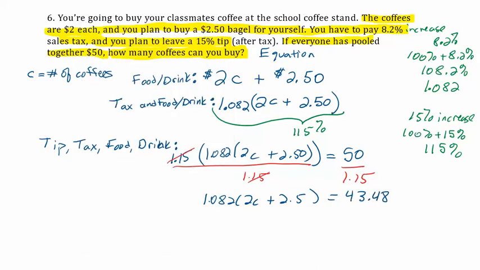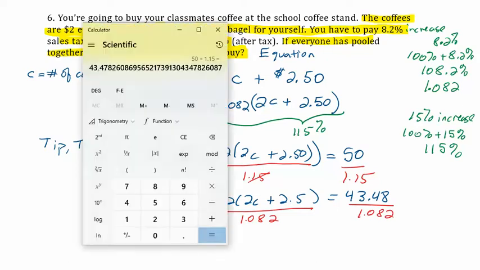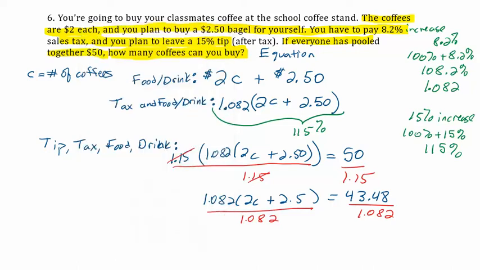And then we could either distribute this 1.082 or we could divide by 1.082. Divided by 1.082, 40.18. 2c plus 2.5 equals 40.18.